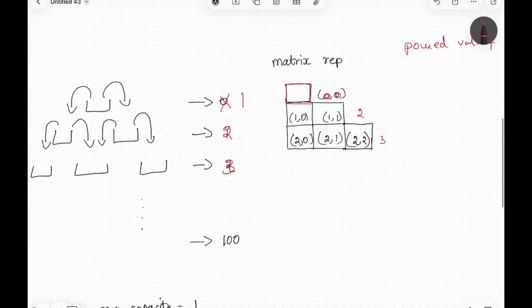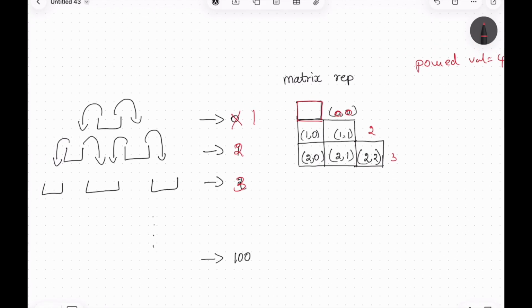So when you start pouring here, the capacity is 1, so 1 will be filled, and the remaining will be 3. Now these 3 will be divided equally, with half moving to the right and half to the left.